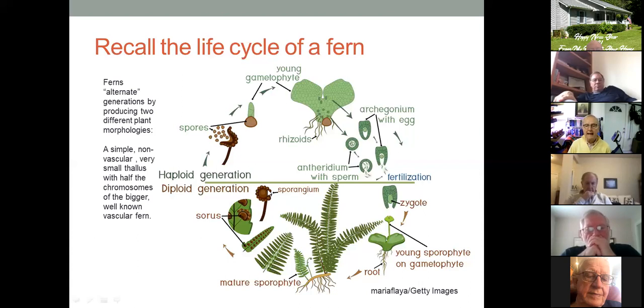And as the sporangium matures, it will then cross this line and produce more spores. And that's essentially the leaf cycle of a typical fern.